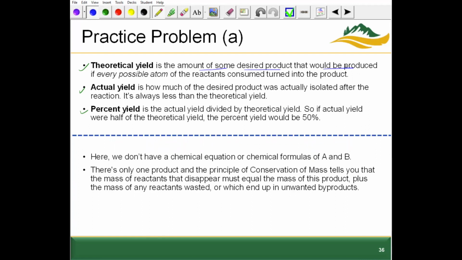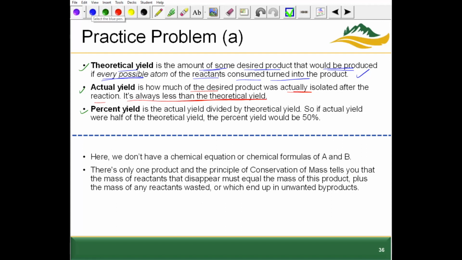So here are these definitions again of theoretical, actual, and percent yield. To reiterate, the theoretical yield is the amount of some desired product that would be produced if every possible atom of the reactants were consumed and they turned into the product. That is taking into account the limiting reactant though. The actual yield is how much of the desired product was actually isolated after the reaction. The actual yield is always going to be less than your theoretical yield.